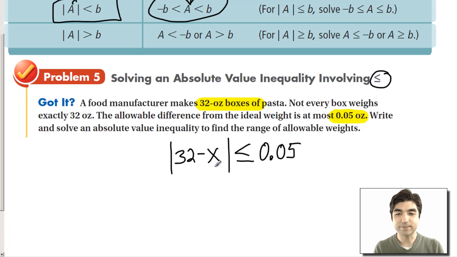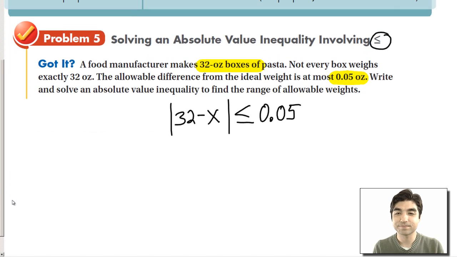Let me explain that a little bit. This is the ideal weight, and this is the actual weight that you measure. If you subtract your actual weight from your ideal weight, whatever that value is, whether it's above or below, it needs to be less than 0.05. And the absolute value bars will take any negative number and make it a positive number. So that's some pretty cool stuff.